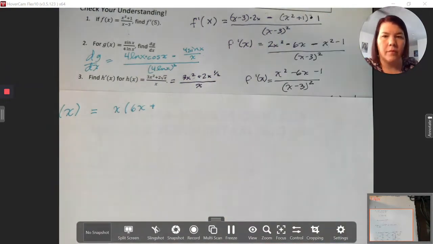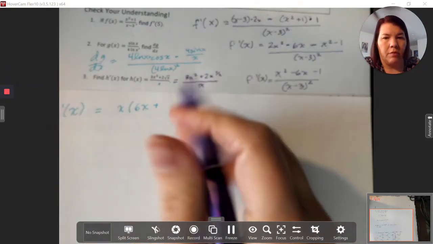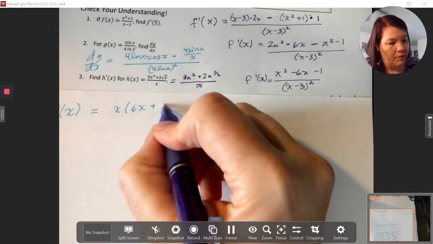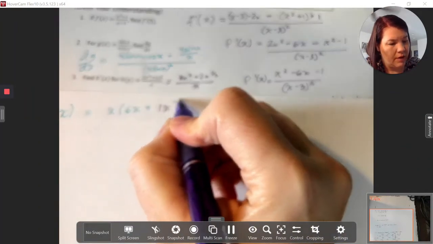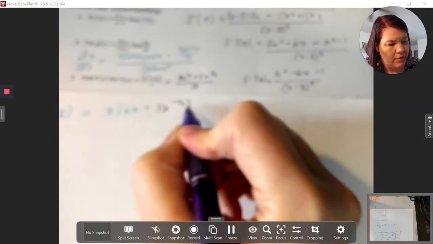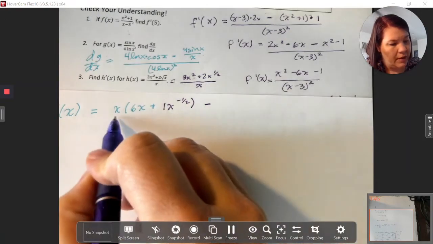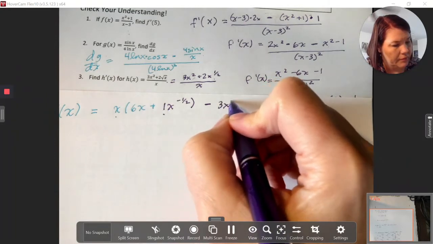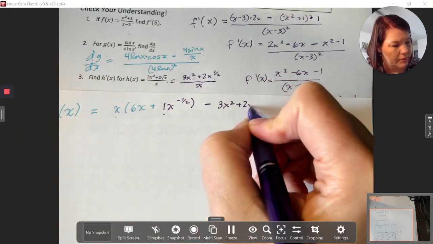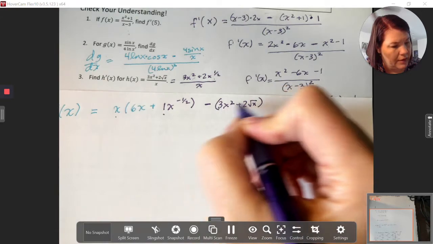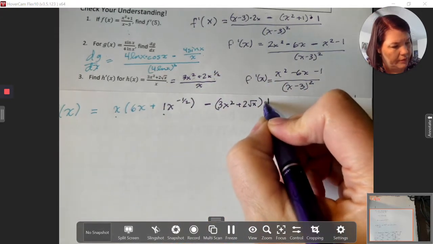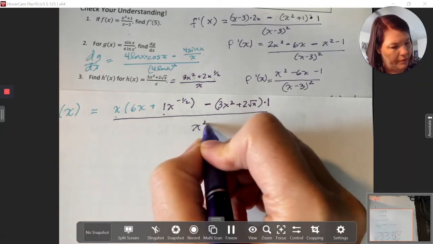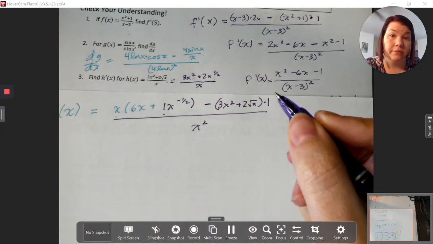Since I rewrote that anyway, let me continue in this color. So 1/2 times 2 is 1x to the minus 1/2. So down, d up minus up, d down, all over down squared. And again, I'm officially done.